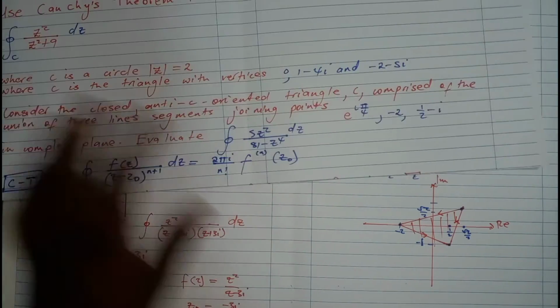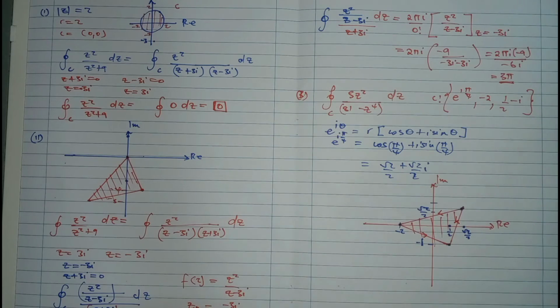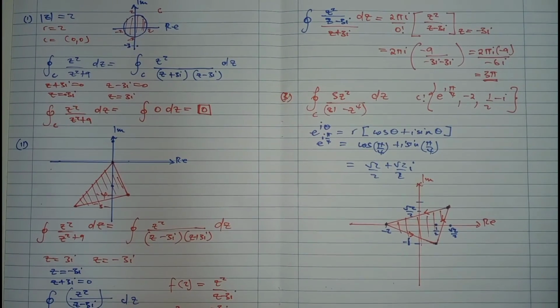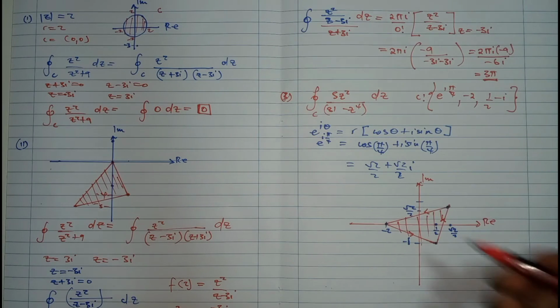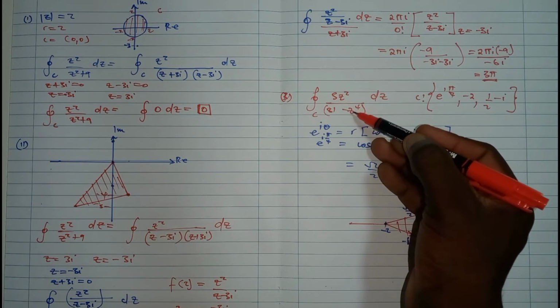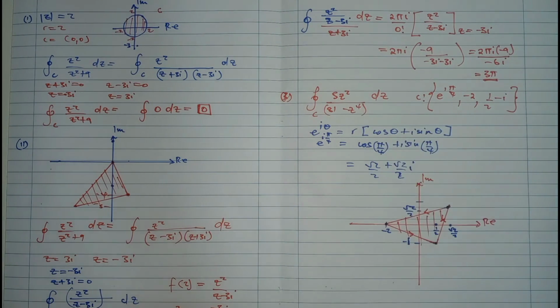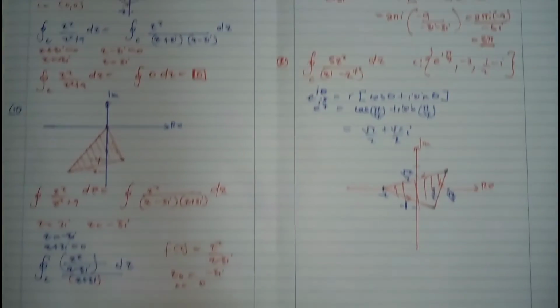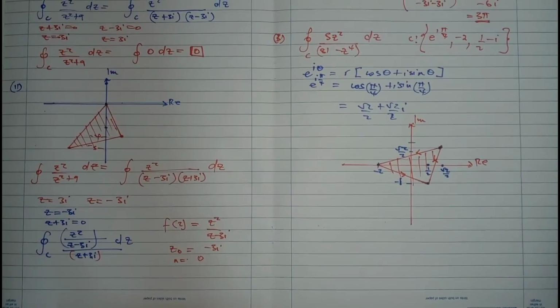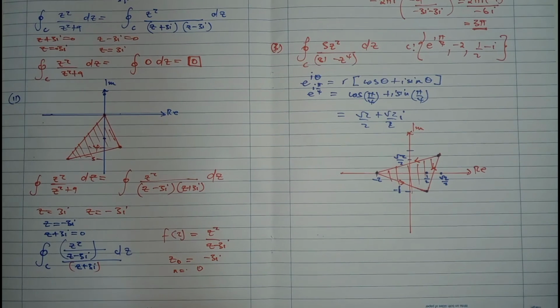Okay, so now let's go to our question. We said for the Cauchy integral formula to work, we just need z here, not z to the power 4. So let's factorize. Okay, so if we factorize, let me write it here.